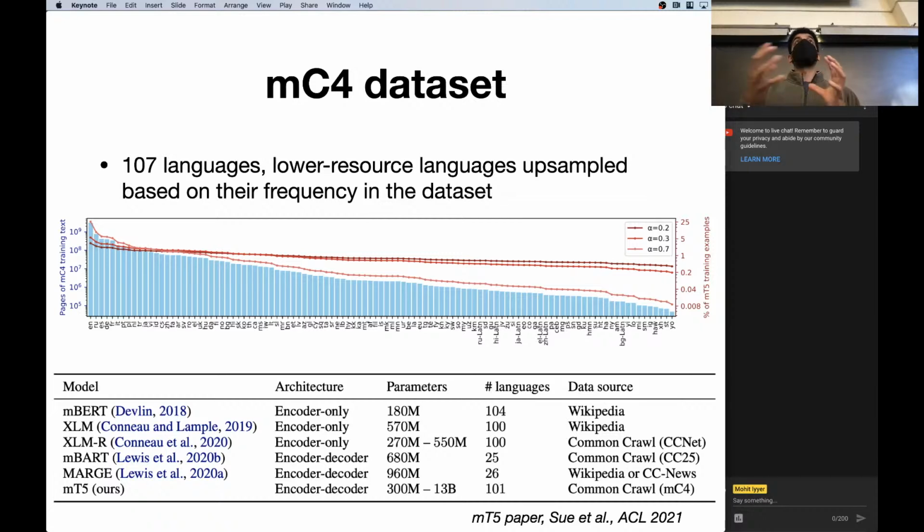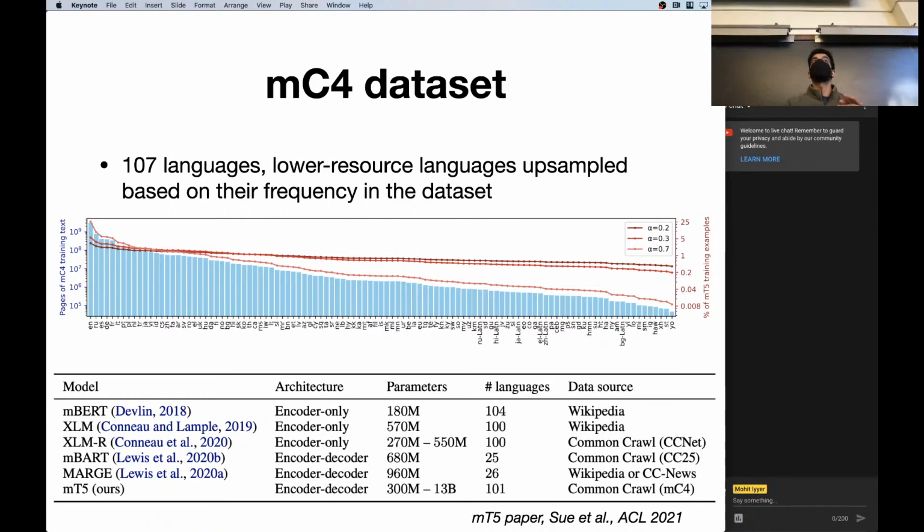And this balance is the subject of many research papers, where if you undersample the higher resource languages too much, then your performance drops on basically all languages. But if you don't do anything, then you get very poor performance on low resource languages. So it's kind of tough to balance this. But it's independent of the tokenization.